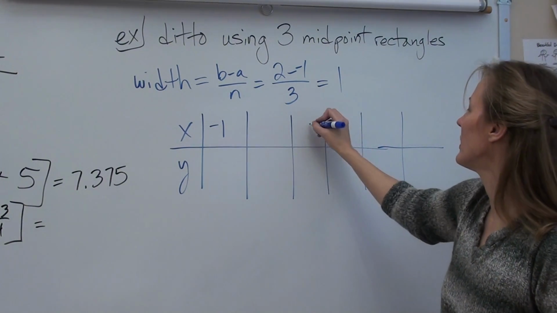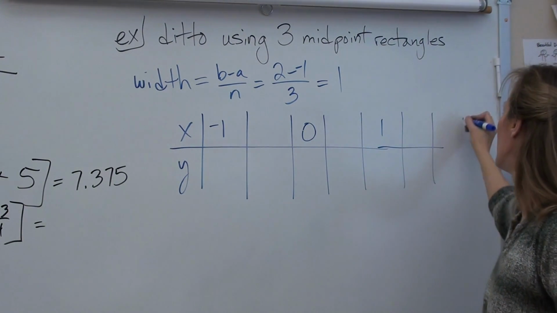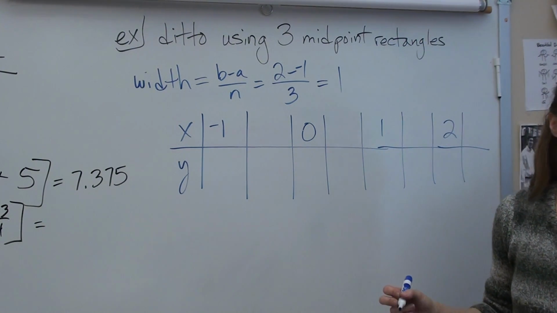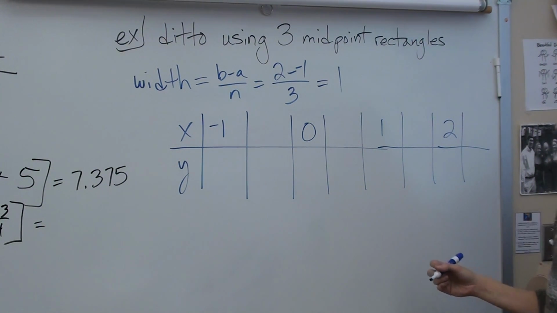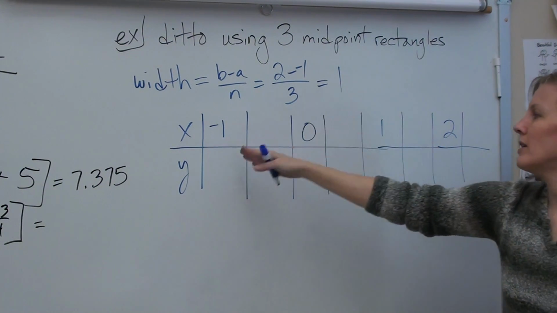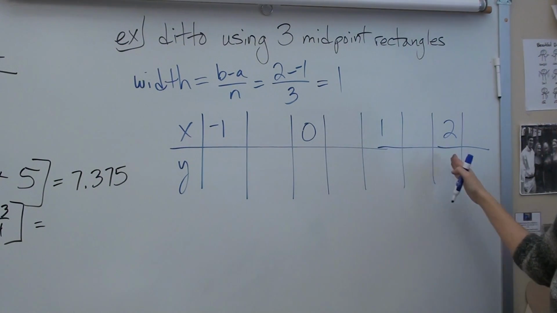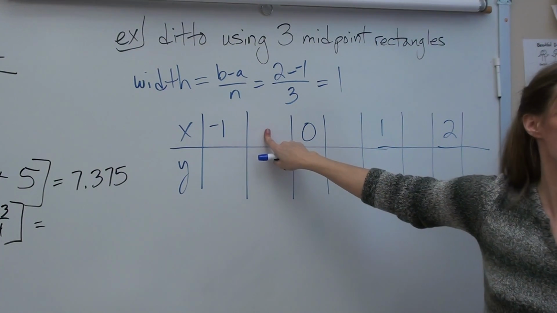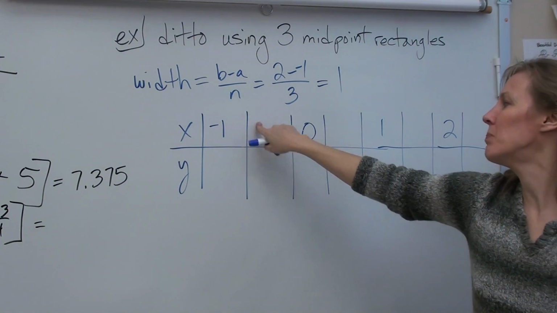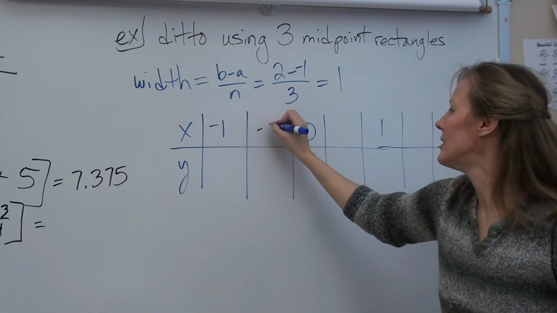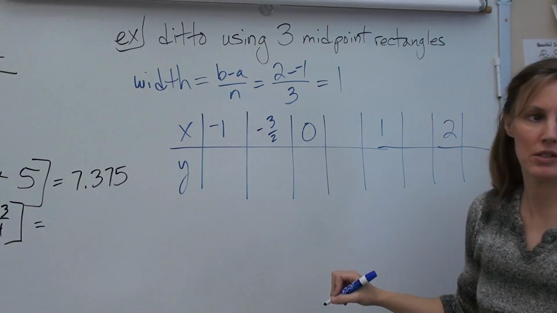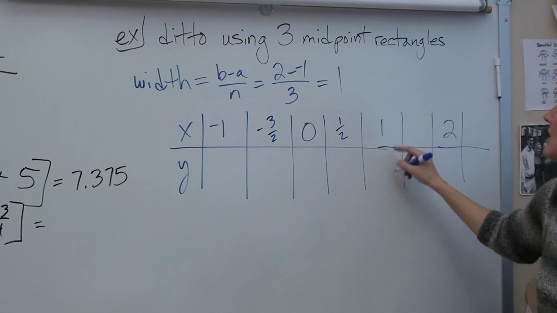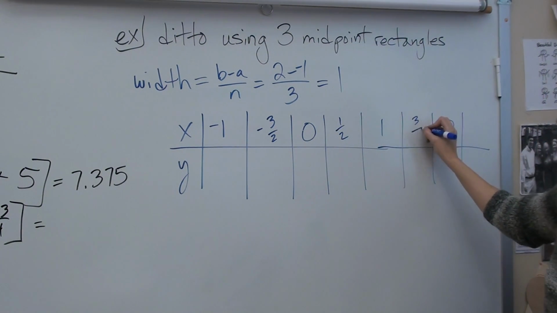So -1, 0, 1, 2. So whatever your width is, you're going to walk by those, but do it every other box, because in between you have to put in the midpoints. So the midpoint between -1 and 0 is -3/2. The midpoint between 0 and 1 is 1/2. The midpoint between 1 and 2 is 3/2.